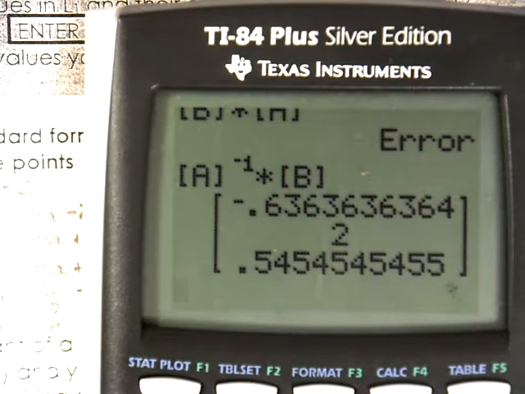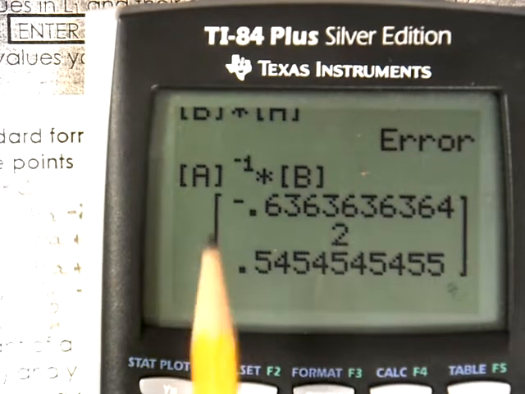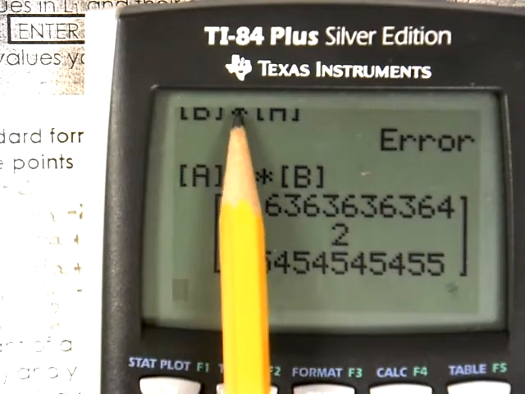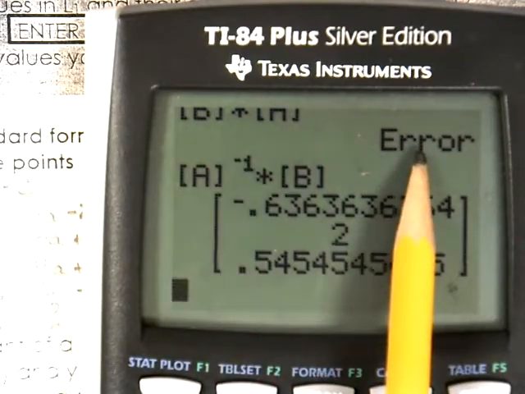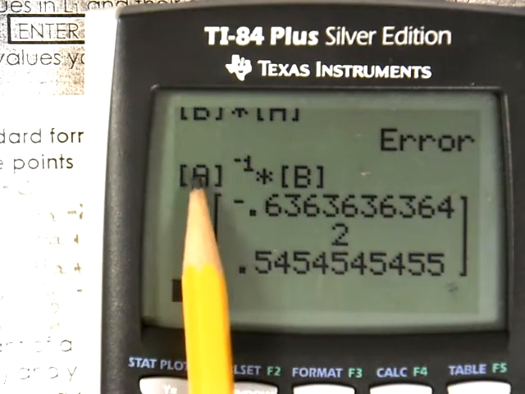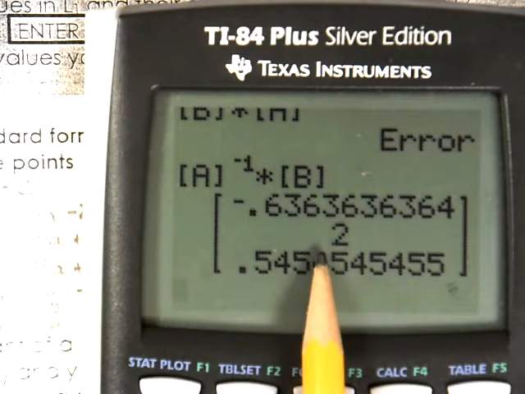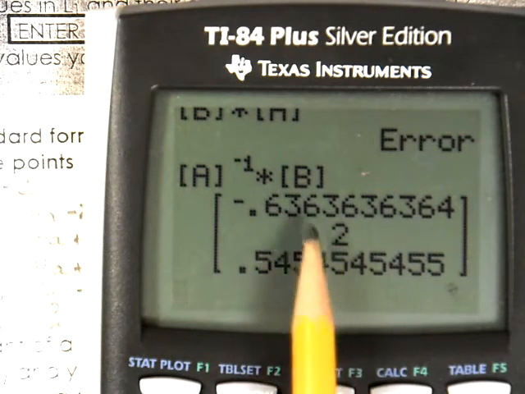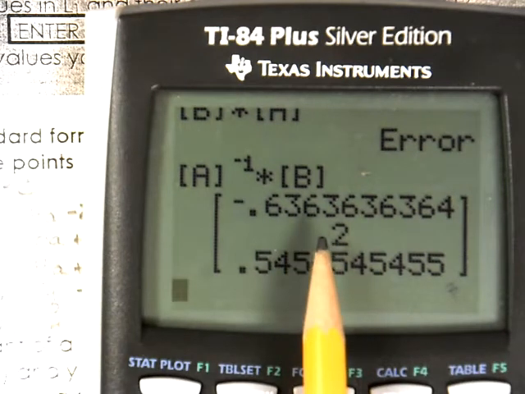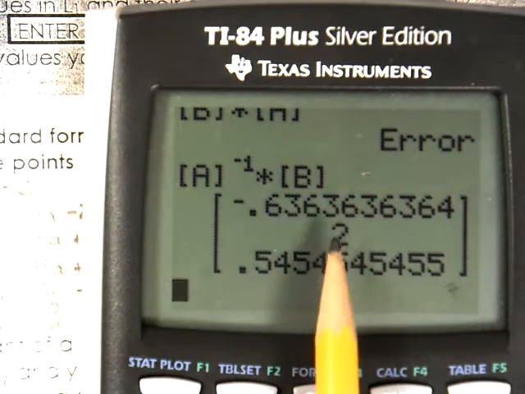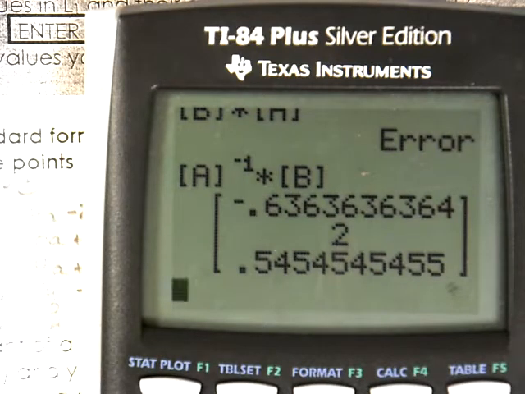We'll hit the math button. So notice, the B times A inverse got me an error. So I needed to rewrite that as A inverse times B. A inverse times B gave me 3 different values. These 3 different values are actually the A, the B, and the C. They look crazy to me.